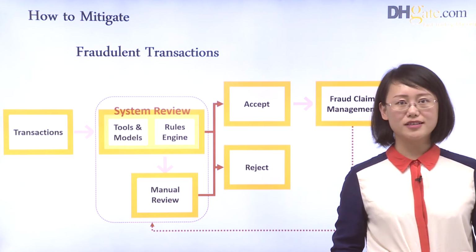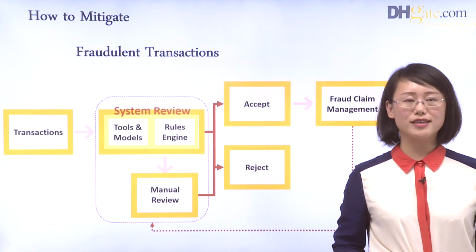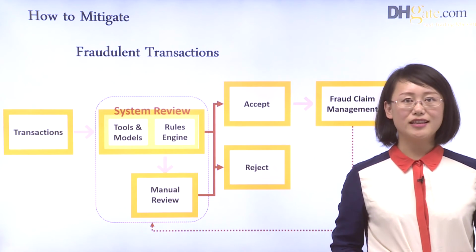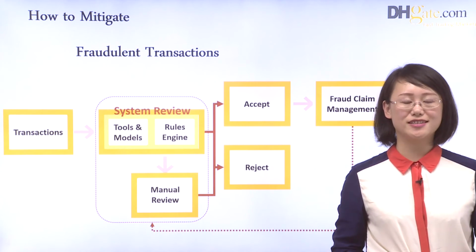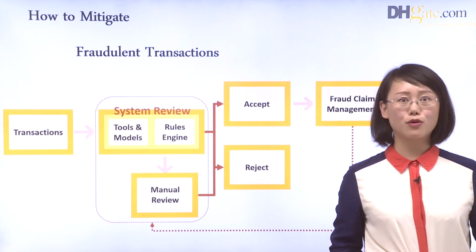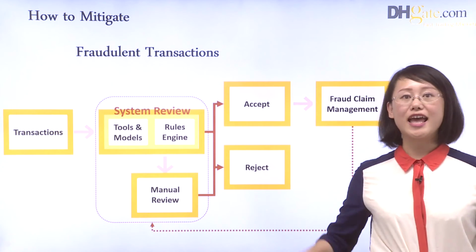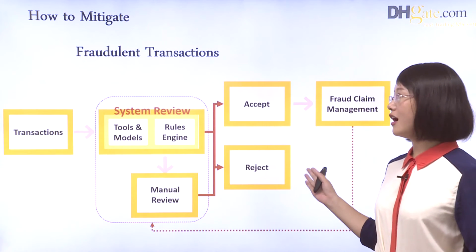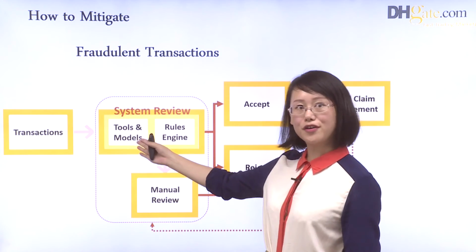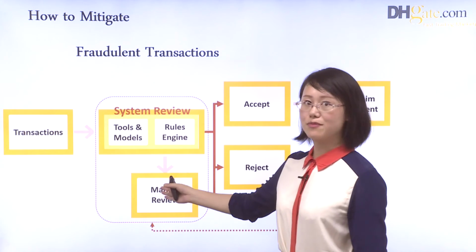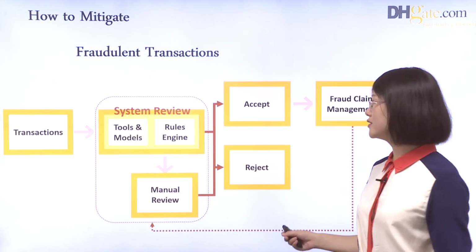Well, after understanding what these fraudulent transactions may look like, let's see how we can mitigate them. You can set up your own anti-fraud system, and this is the model of how such a system works. As you can see, the system review and the manual review are the key processes of the model.